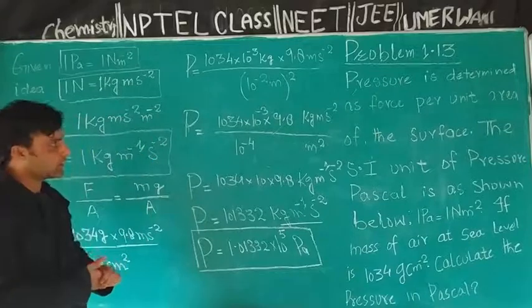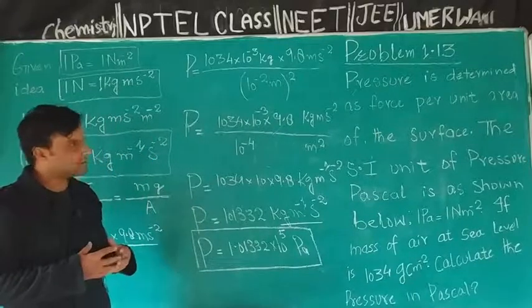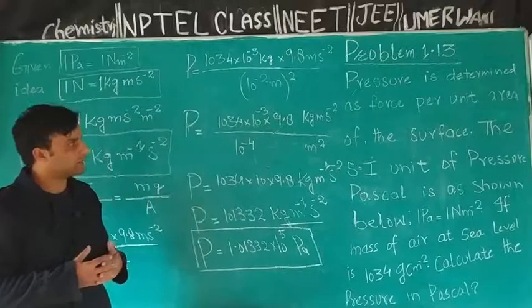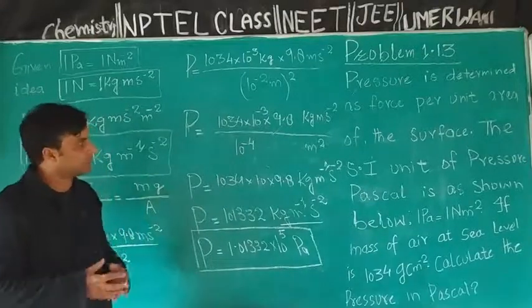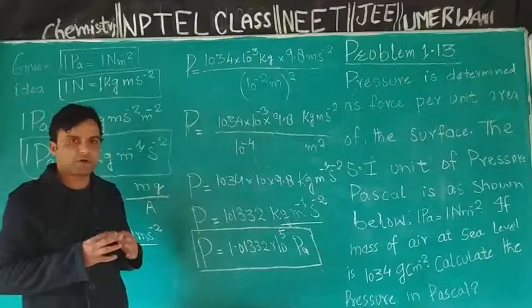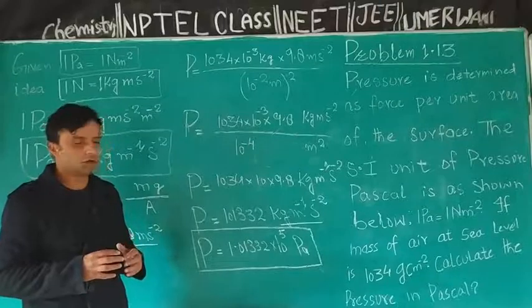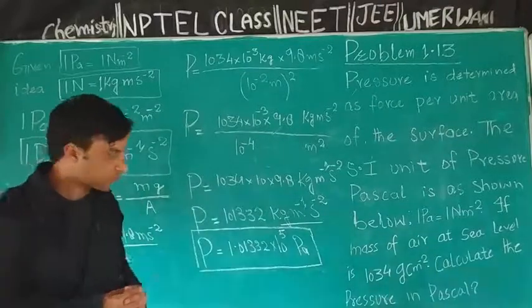If I may recall this numerical problem, basically it is a mathematical problem. If I may recall this problem for you one time, the question first informs us about pressure, that pressure is determined as force per unit area.